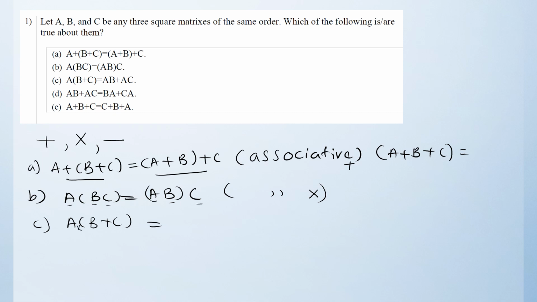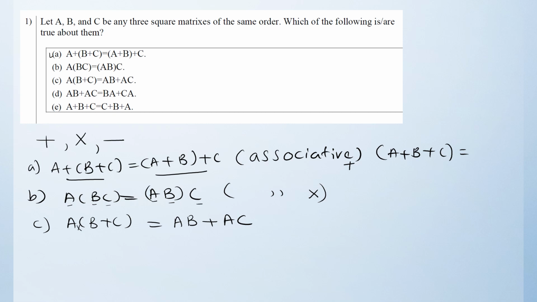Multiplication will be done from the left hand side of B and C by A. So, since we can't change the order, we will always have A on the left hand side. So that equals AB plus AC.